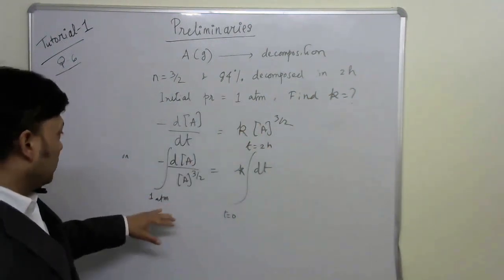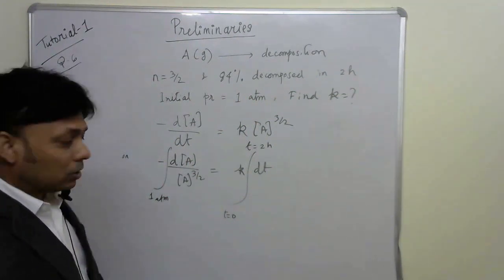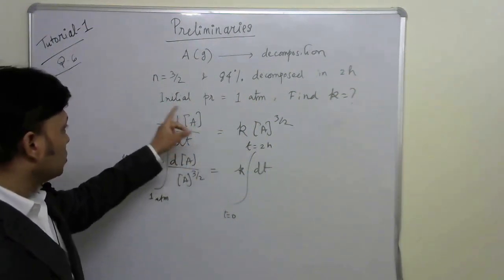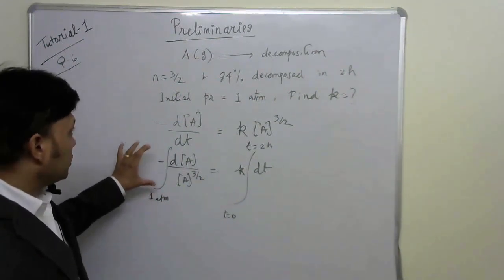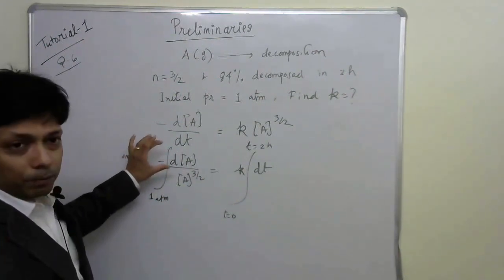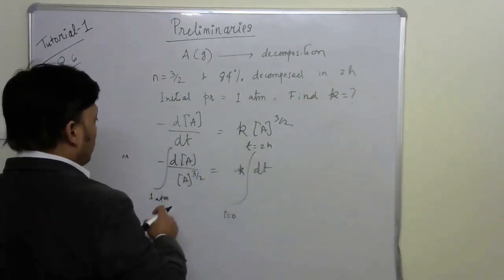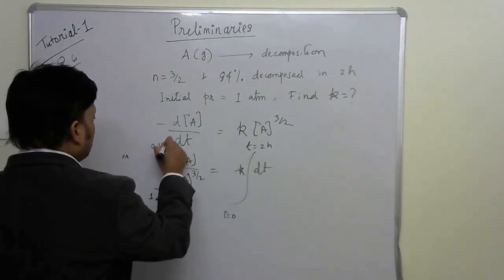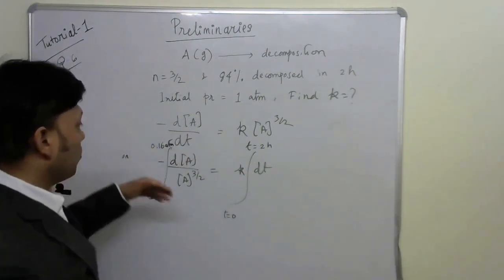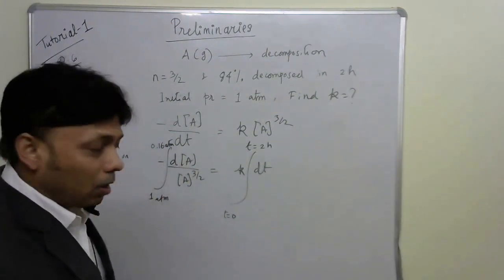So here is the trick: 16% of the gas remains. Whenever we talk in terms of the reactant, 16% of 1 atmosphere is still left. So at t equals 2 hours, the pressure of A should be 0.16 atmosphere, because 84%, or 0.84 atmosphere, of the gas has already been decomposed.